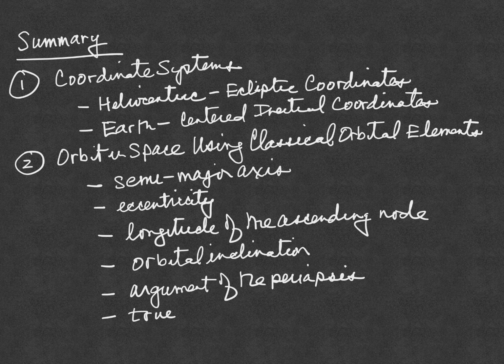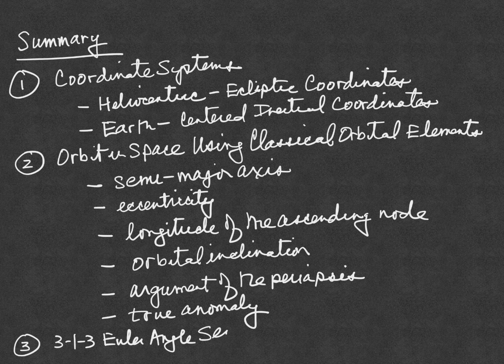And what we did in the process of describing these was we focused on the fact that the three angles, the longitude of the ascending node, the orbital inclination, and the argument of periapsis, formed a 3-1-3 Euler angle sequence. So with the focus being on those three angles, we described the 3-1-3 Euler angle sequence: omega, little I, and then little omega.